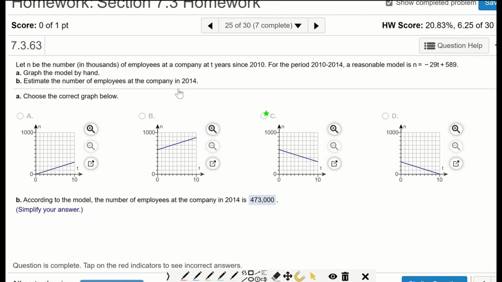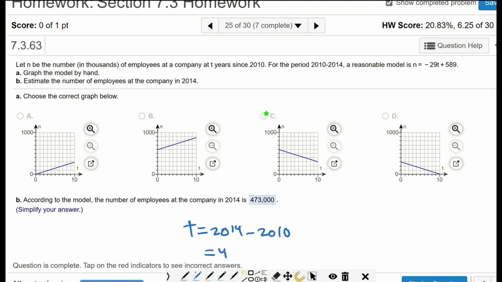Clearly it's this one. So how do we use the model to estimate the number of employees at the company in 2014? That part is actually easy, because T represents the number of years since 2010. For 2014, T would be 2014 minus 2010, which is 4.